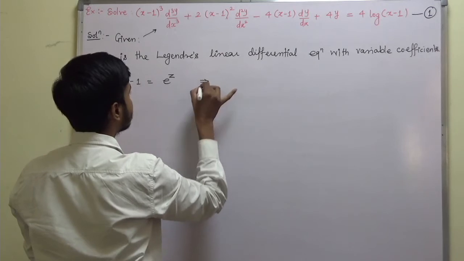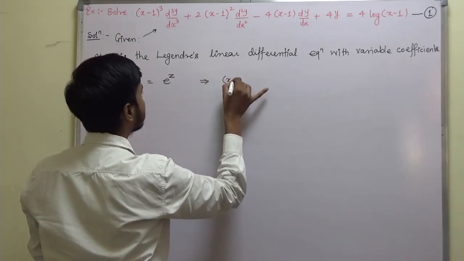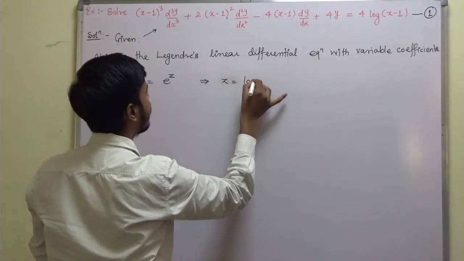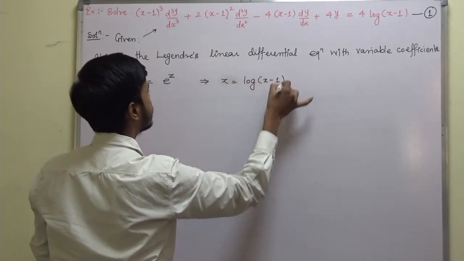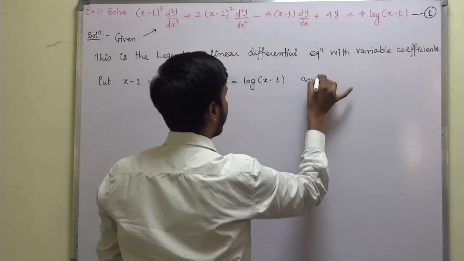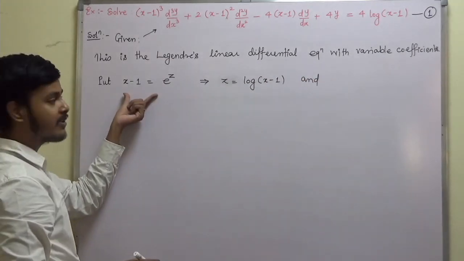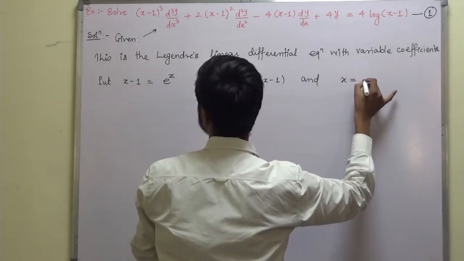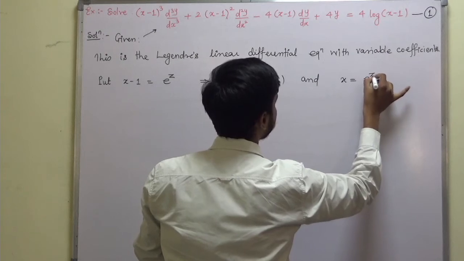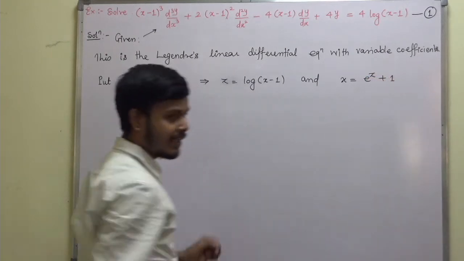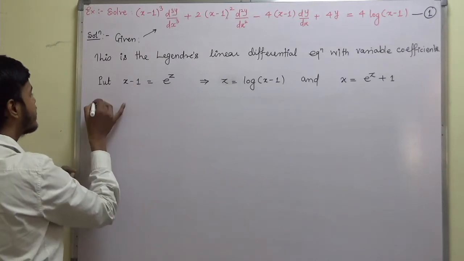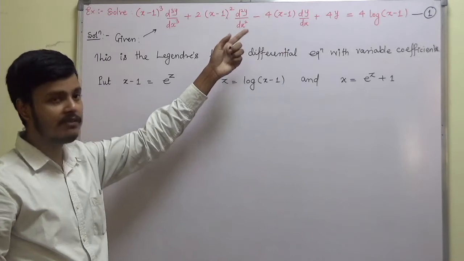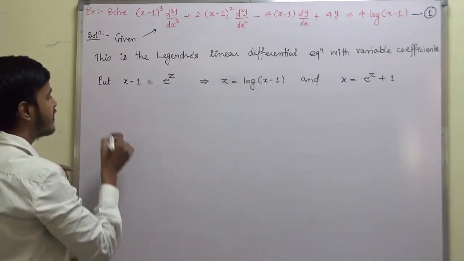This implies z is equal to log of (x minus 1), and from this we can find x equal to e to the power z plus 1. Now, in this problem we have up to 3 derivatives, so we have to convert dy by dx into dy by dz.